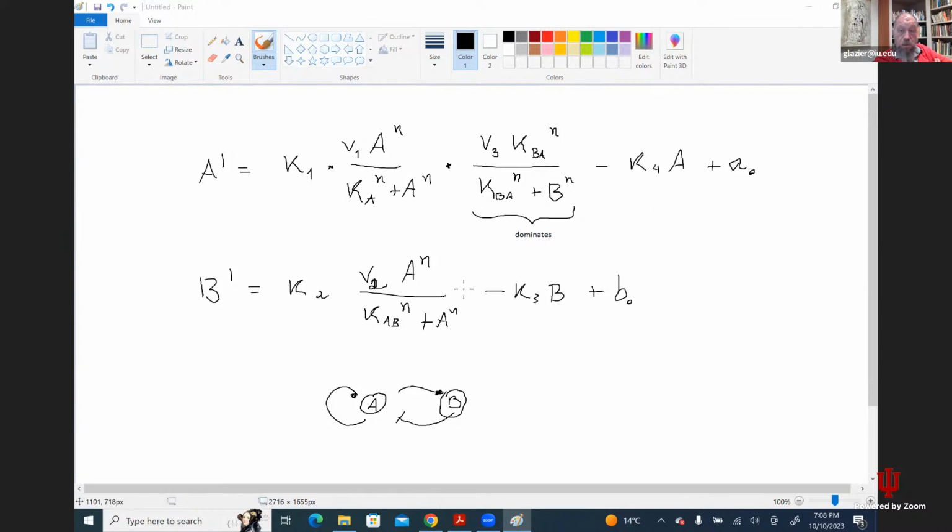Activators tend to work as ors. Not always, but often. Inhibitors tend to work as ands. If you have any inhibitor, it turns everything off. And that means that multiplication is the natural thing to do. And so this is the circuit that I would write.